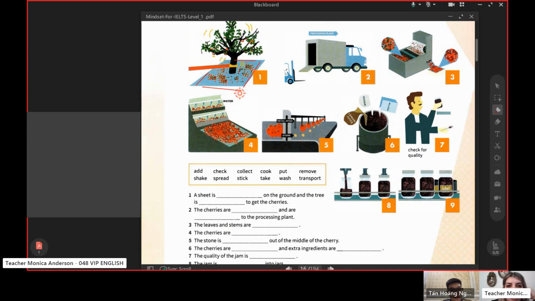This is a sheet to collect the cherries. So which word do we normally use? The sheet is spread. The sheet is spread on the ground. The past participle of spread is the same, spread, so it's okay. So a sheet is spread on the ground, and the tree is shaken. Excellent, very good.